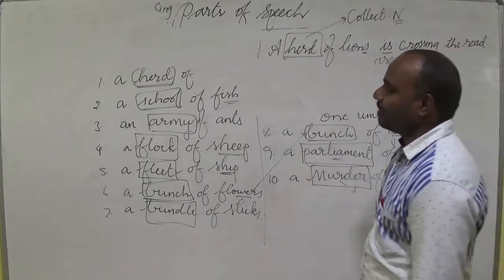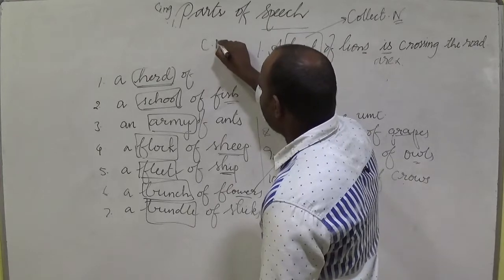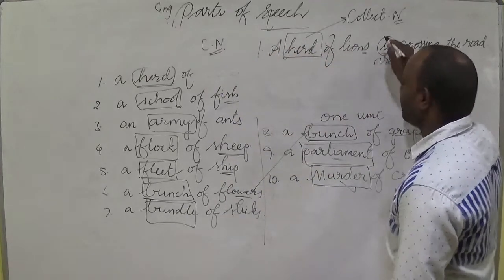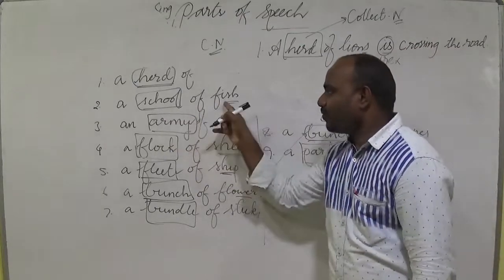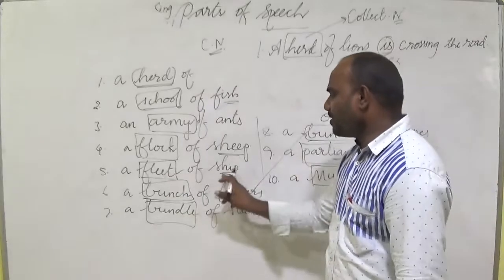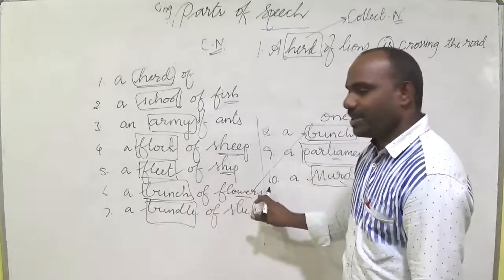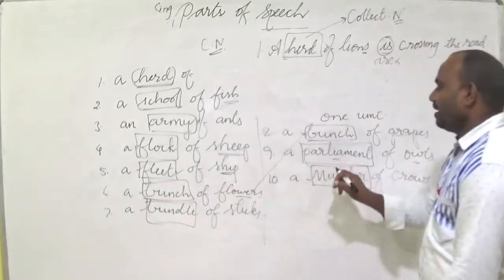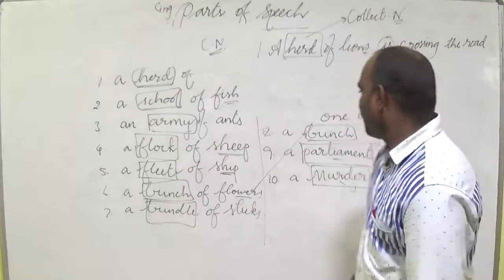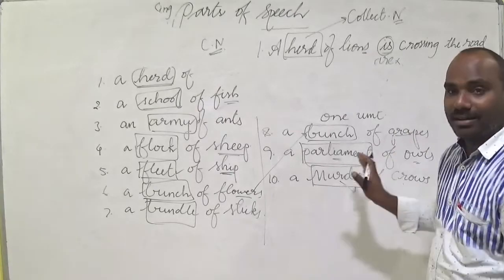Almost all the time, a collective noun is followed by a singular verb form. A school of fish is, an army of ants is, a fleet of ships is, a bunch of flowers is, a parliament of owls is. We should not say a bunch of grapes are.